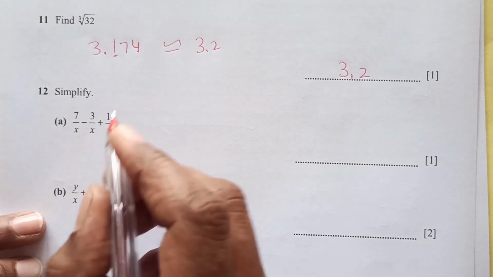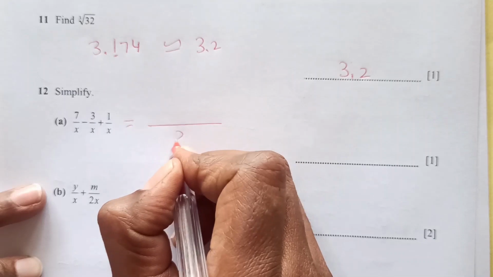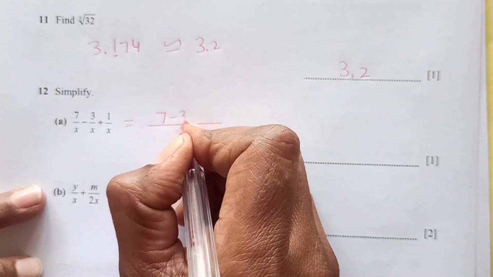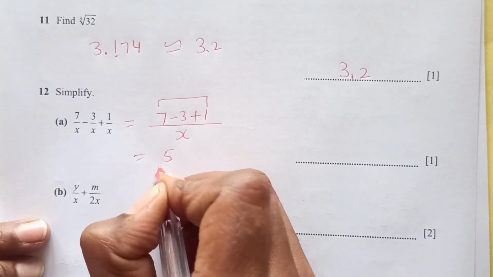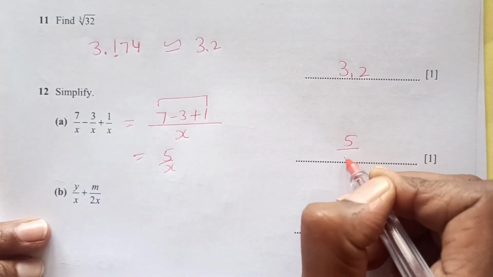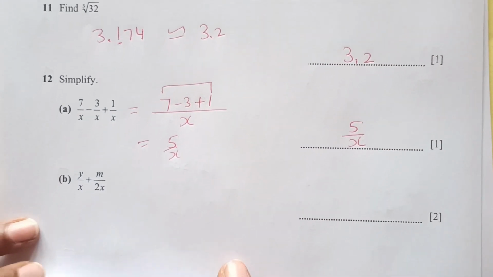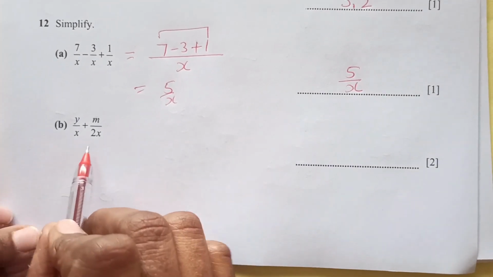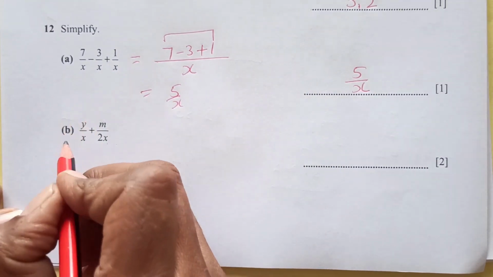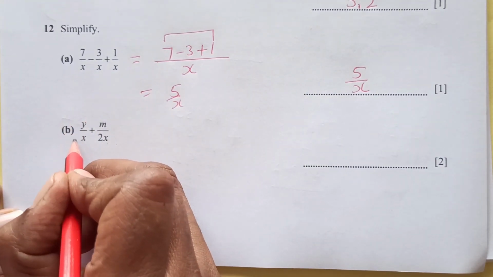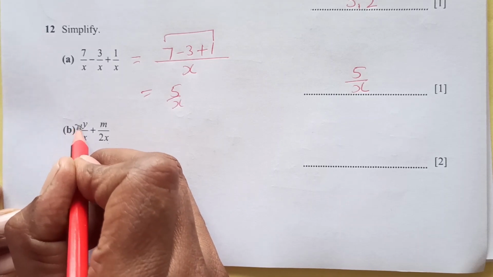You see we have x down here, so that is the LCM. So 7 minus 3 plus 1. 7 plus 1, 8. 8 minus 3, 5. So 5 over x is going to be final answer. Now this one here, we don't have denominator same, but we can make it same, right? How? Because we have x here, we can make this 2x by multiplying it by 2 and here also by 2.